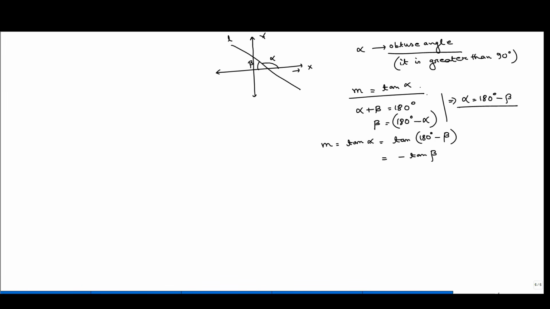So when the angle of inclination is an obtuse angle, then the slope is negative.